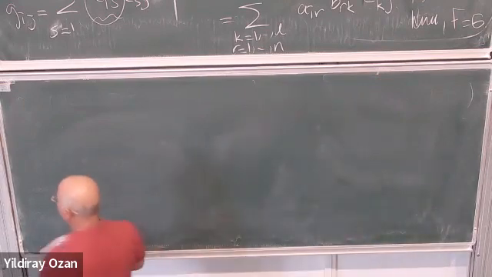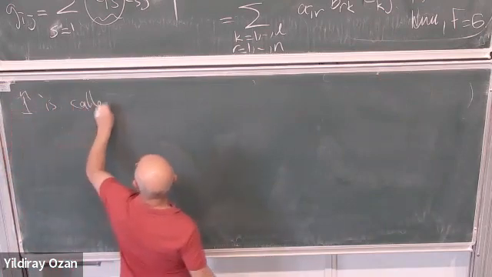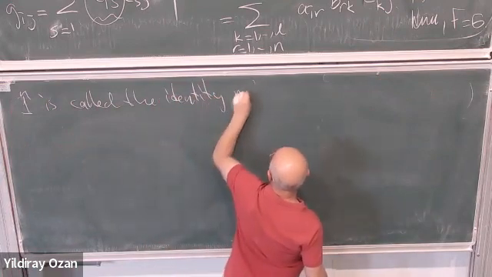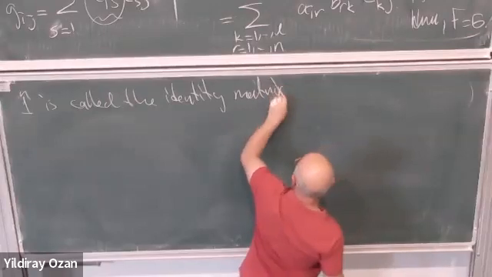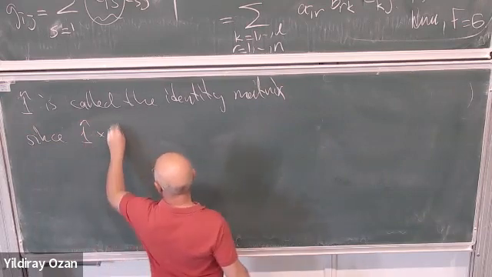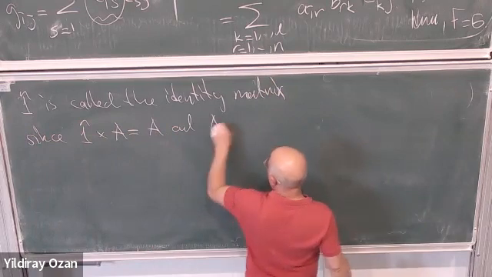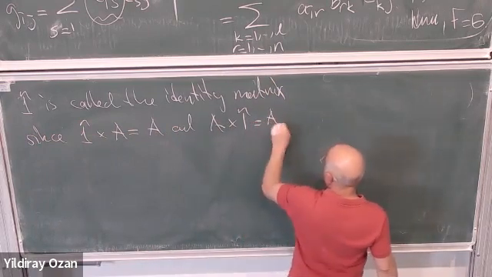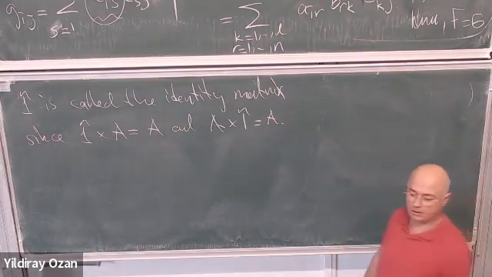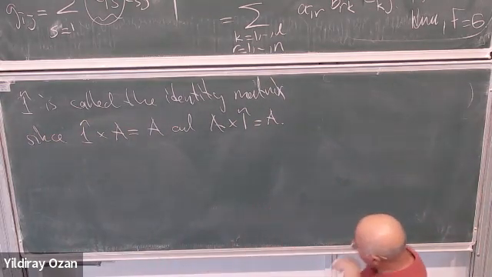So it's called the identity matrix, since this times any matrix is A, and any matrix times this is A. So it is the unit element in the multiplication.